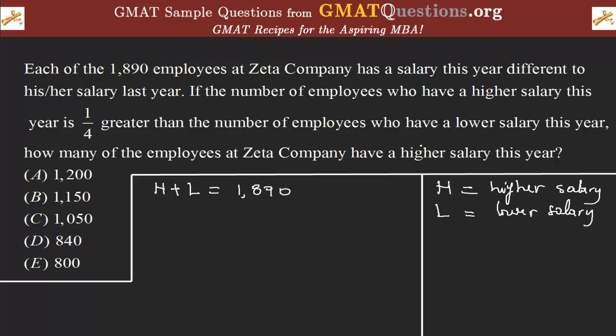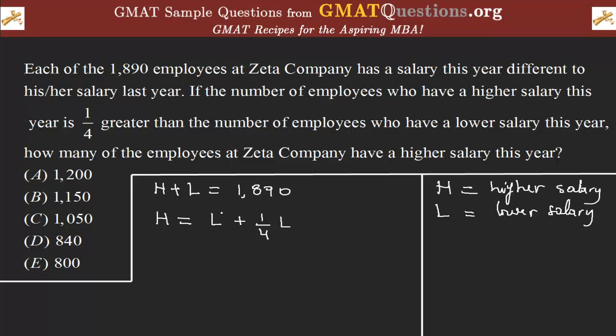Now, since they say in the second sentence that the number of employees who have a higher salary this year is 1/4 greater than the number of employees who have a lower salary, what does it mean? It means that H is equal to the number of employees who have a lower salary plus 1/4 of the same number.